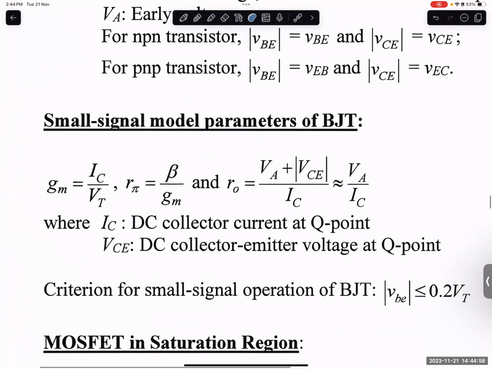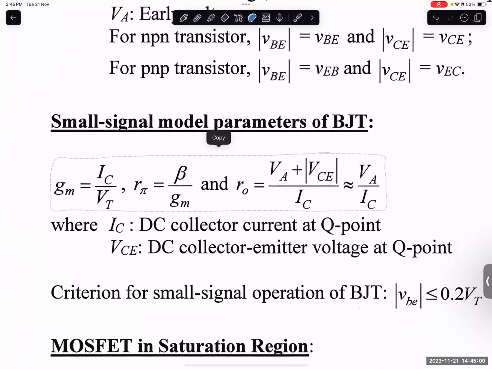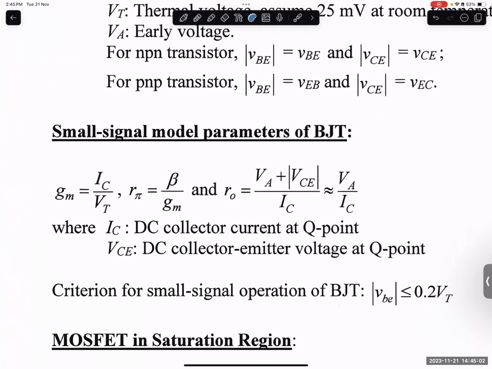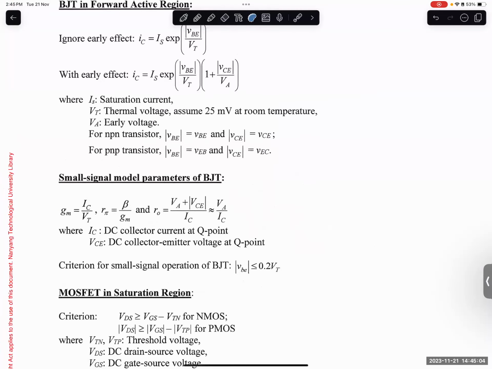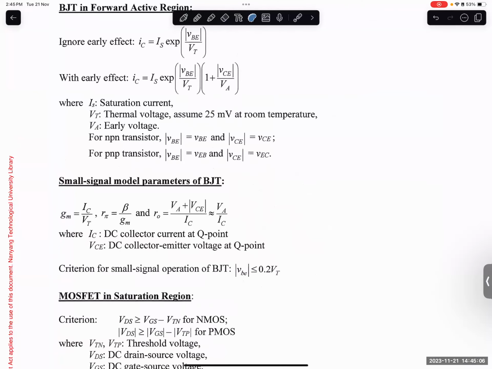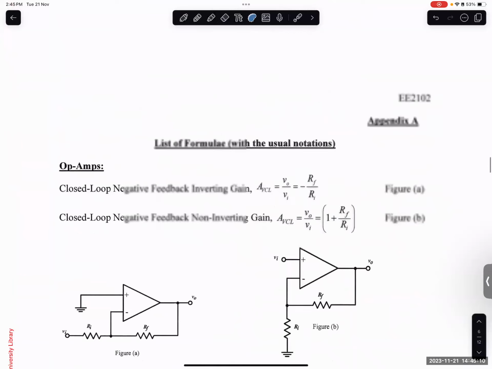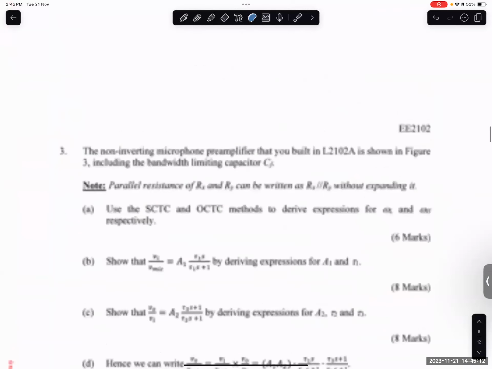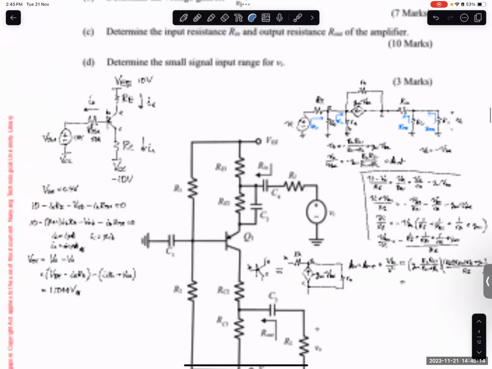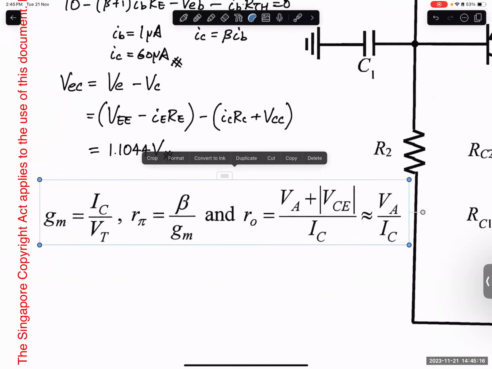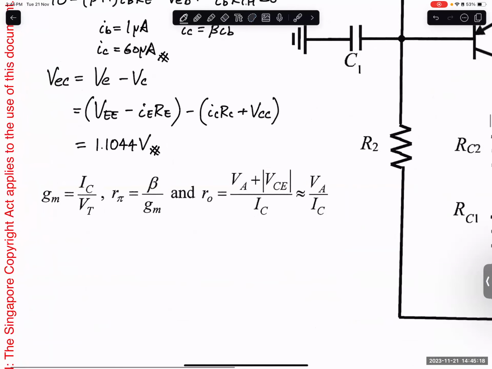We need to calculate GM. They give VA though. Yes, we need that one. VA is what? Early voltage. Yeah, the early voltage.